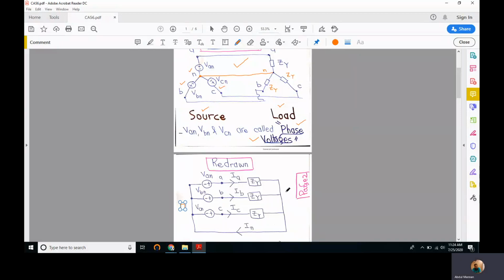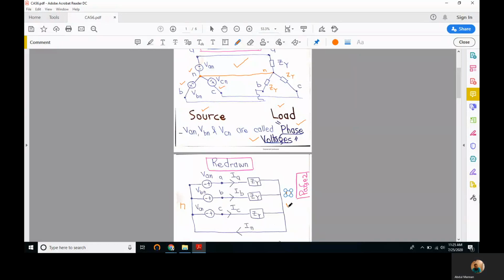In the same way, this is also neutral, because all the ZYs have one end at A, B, and C. The ZYs are redrawn such that the A, B, and C ends are to the left, and the other side, which is connected to the neutral terminal N, is drawn on the right side.